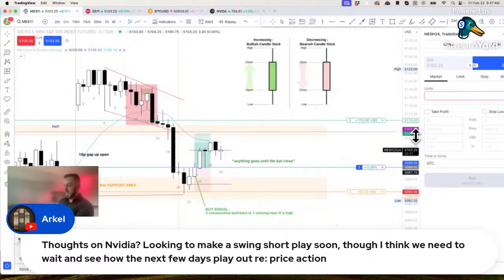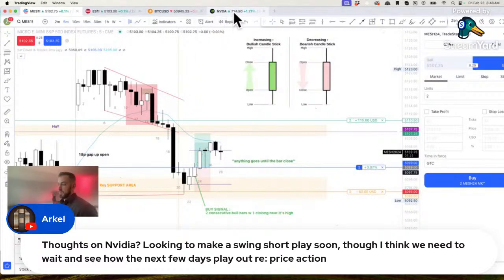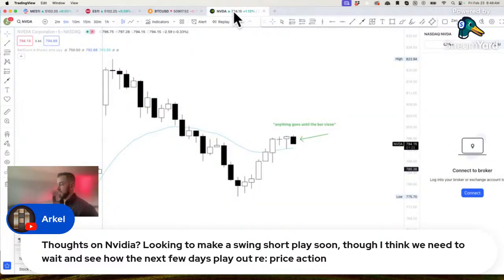And if we're holding long, which I am, on the MES here, on the S&P 500 futures, we want a bull close. Arkel, looks like a great short, but we gotta wait. A minute 19.